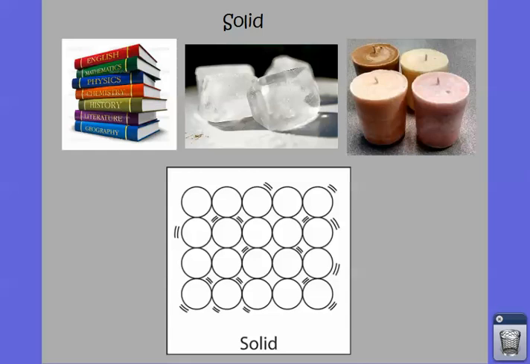They don't expand or contract in their size, so we would also say that they have a definite size. So solids are substances where the particles move very slowly. They just kind of vibrate in place back and forth. They're packed really close together, and they can't overcome the attraction between all these particles. And the result of that is that we have substances with a definite shape and a definite size.